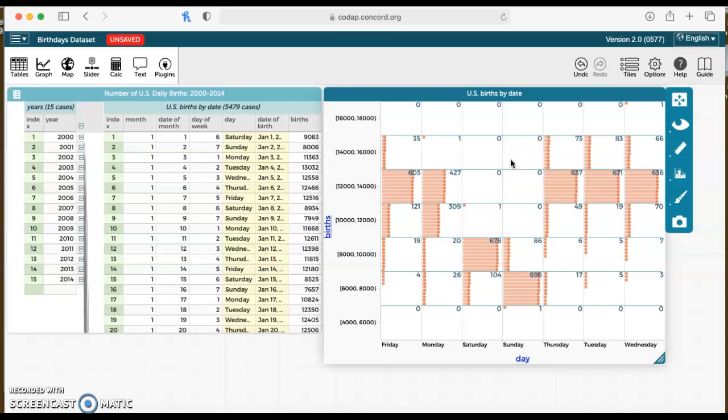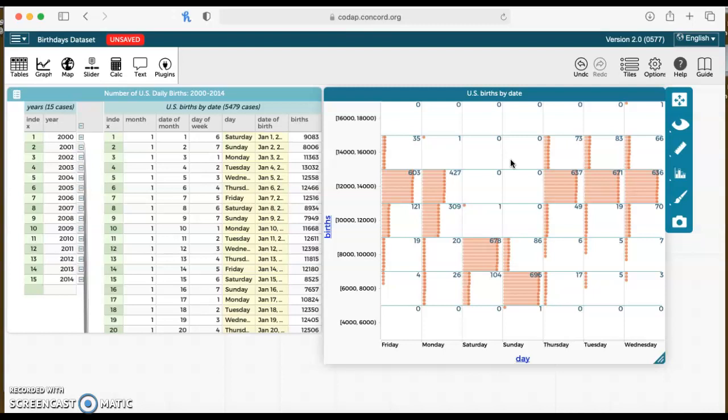We can't pull out one day specifically and say that Monday had the most births throughout these 15 years because there's not enough data to show this. It's kind of surprising for the data to show that a lot of the days have the same amount of births, but it just shows that there's not really any factors that go into what day a baby is born. It's just random and natural, and there's not much variation going on there.